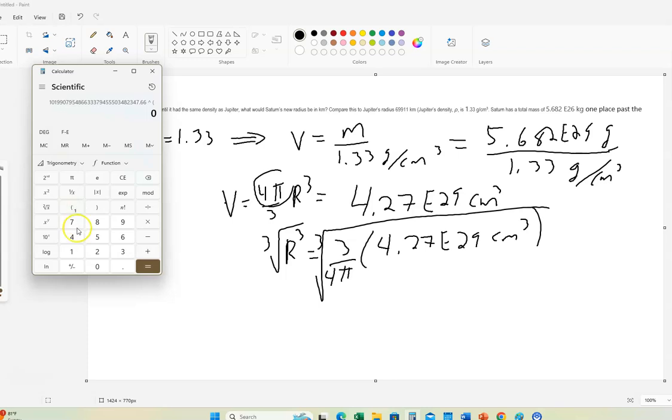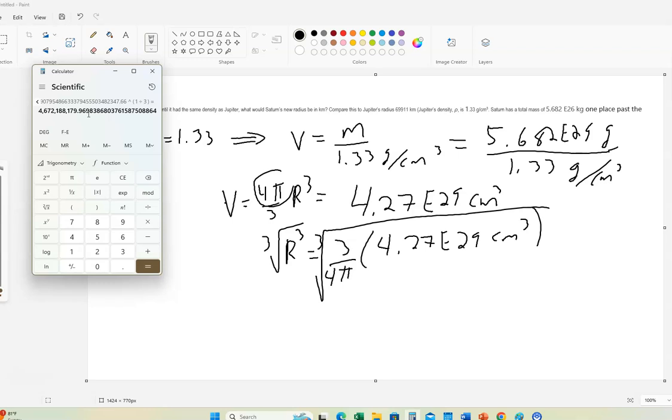Raised to the open parentheses 1 divided by 3, close parentheses. So that's exactly 1/3. And that's what r is. Now that's in centimeters.